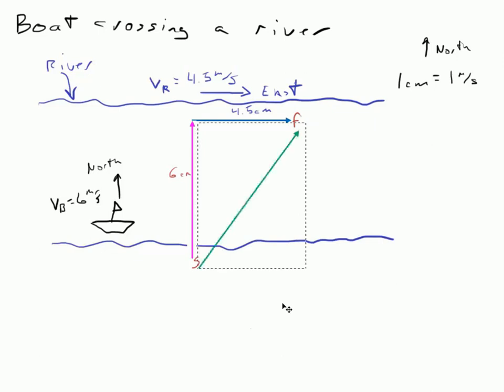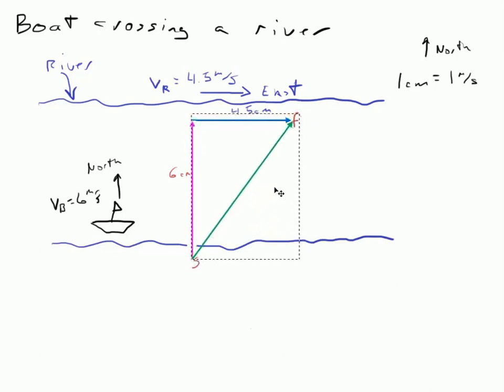So we can just draw in the resultant vector then from start to finish, and you can simply measure that with your ruler, and when you measure that you should get a measurement of about 7.5 centimeters. That represents then a velocity of 7.5 meters per second. We're going north and east, so we say 7.5 meters per second northeast.